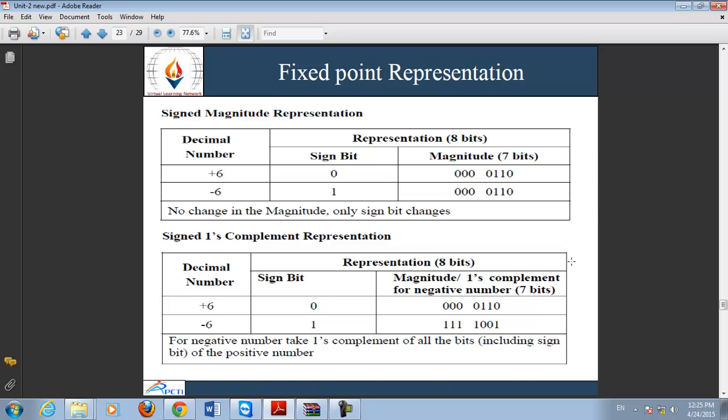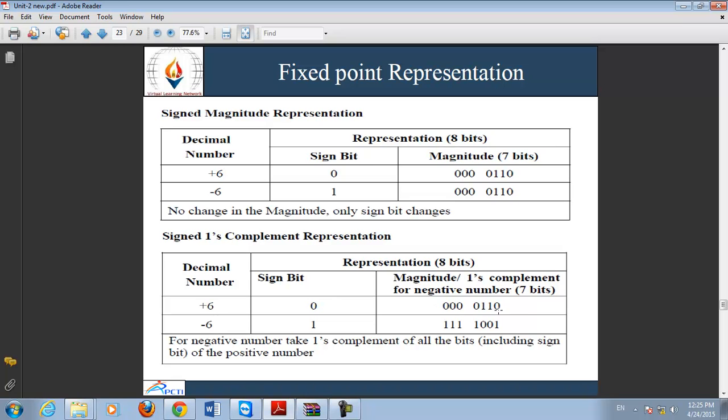You can also represent the numbers or magnitudes by using ones complement. First of all, what is ones complement? Ones complement means if you convert all the zeros to ones and ones to zeros, then it will be the ones complement of a number. For example, plus 6 is represented by four 0s, 0110.